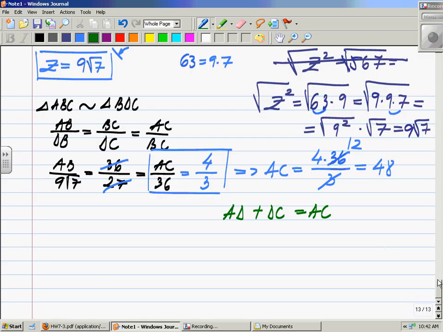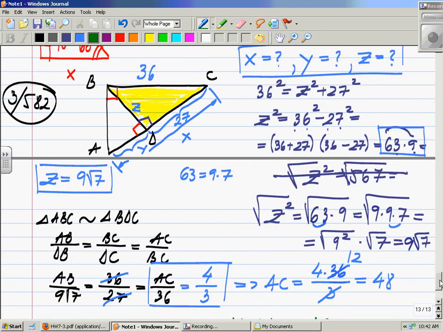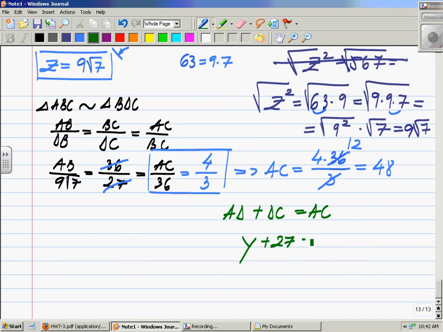Plug in everything that you know. I know AD is y and we have to find it. Y plus DC, which is 27, equals AC, which is 48. And this way you find your y, which is 48 minus 27, 21. That's it, we're done.